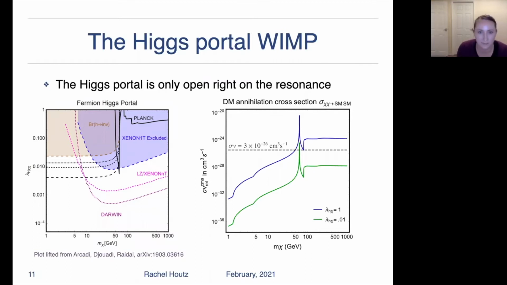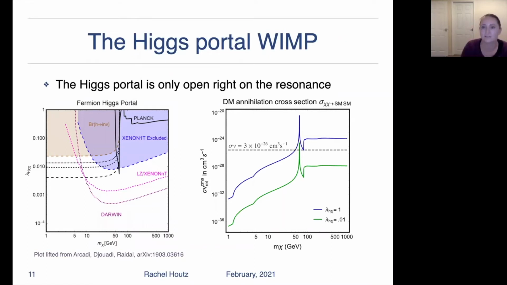And then just to show you this in another way, if you just plot the cross section of the dark matter annihilation to the standard model as a function of the mass of the dark matter particle, you basically see this resonance peak exactly, and you see something that looks like an inverse of this relic abundance curve, right?